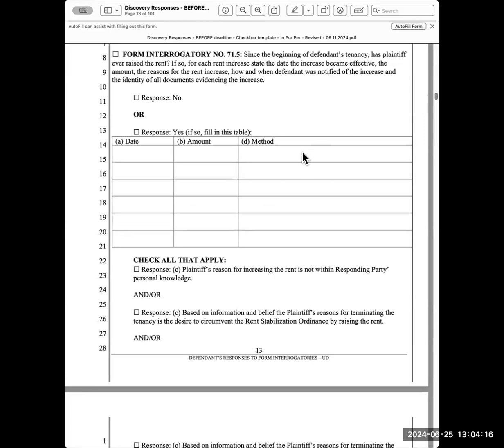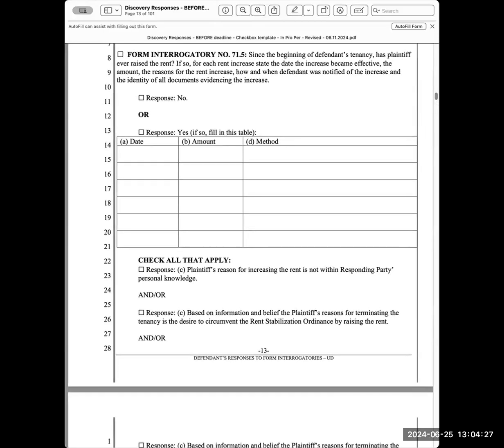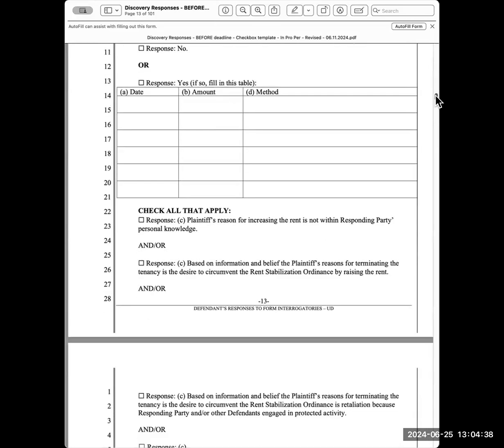You want to especially include them if you suspect the landlord illegally raised the rent. There's limits on how much the landlord can raise the rent in most instances, and so you want to make sure you include evidence if you have it, so that the attorneys can look at the rent increase and determine whether it was a legal rent increase.